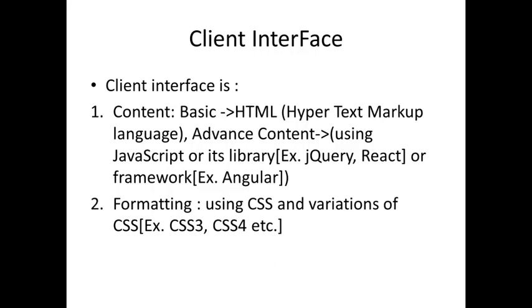These libraries help us create our content very fast, in a very short time. Okay. Now when you develop the content, we also want it to look better, very attractive. That kind of formatting we can do with CSS or different versions of CSS. So that is all about the client interface.